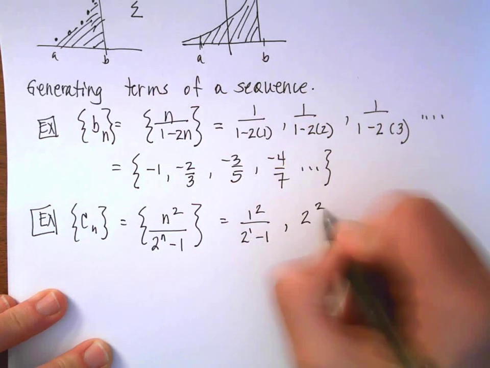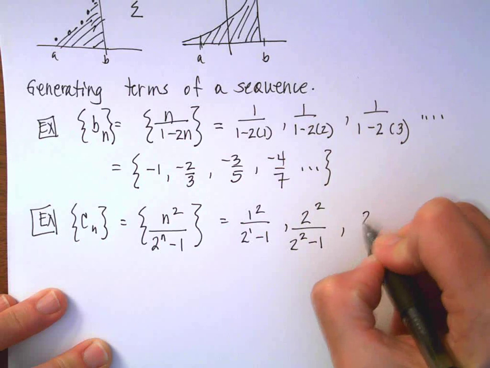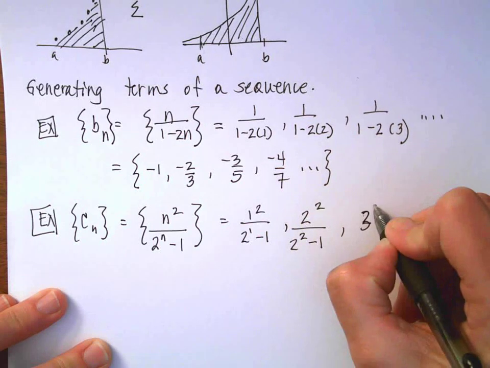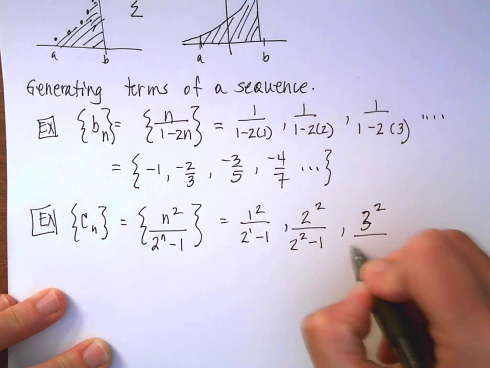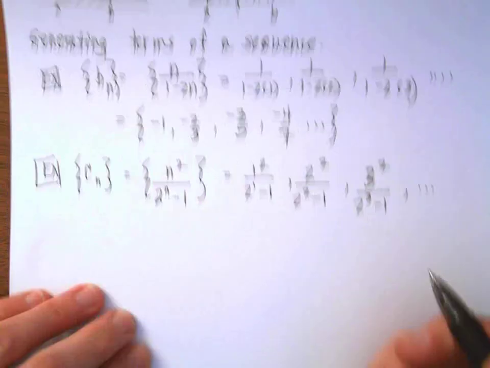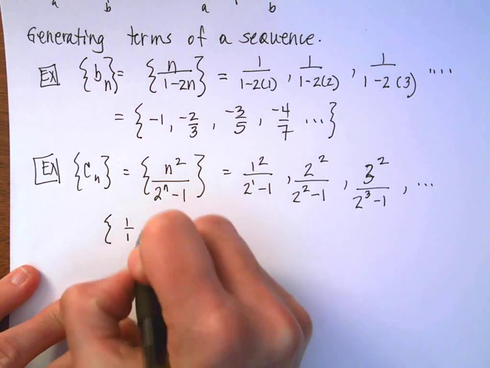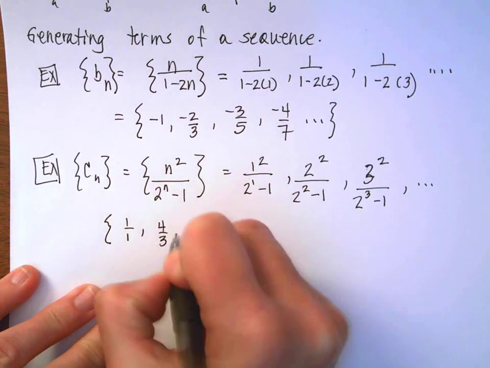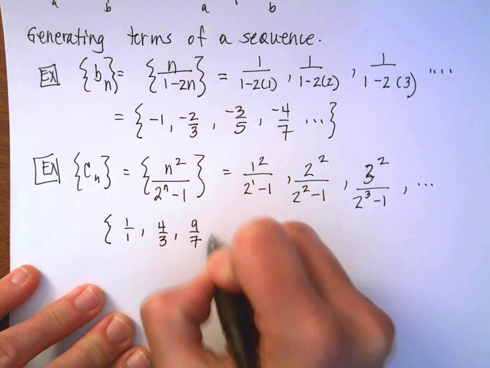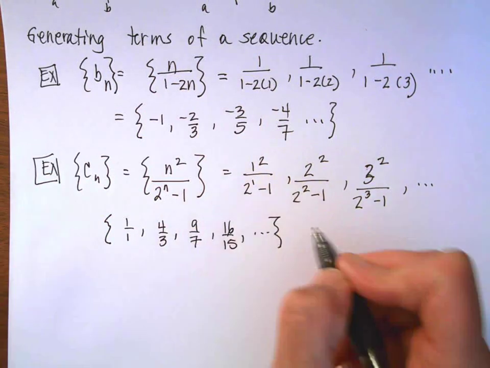Then the next one would be 2 squared over 2 to the second minus 1. And then it would be, oops, I forgot that one, 3 squared over 2 to the third minus 1, etc., etc. And then if I actually got my physical terms, it would be 1 over 1, 4 over 3, 9 over 7, 16 over 15, etc.